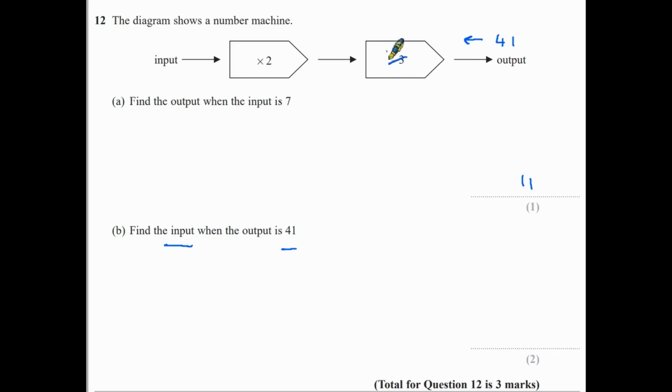So minus 3 is going to become plus 3. Times 2 is going to become divided by 2. We do the opposite. So 41 plus 3 gives us 44. We are carrying on in this direction. It's now 44 divided by 2. The input is therefore 22.